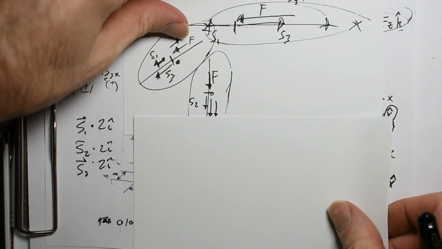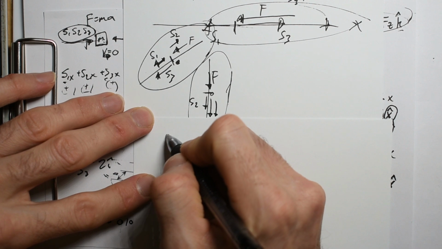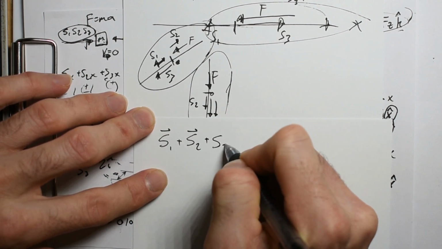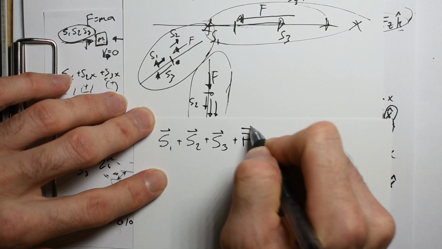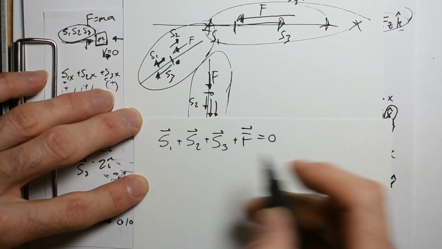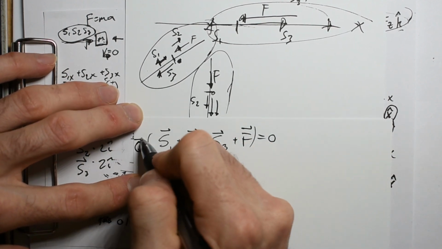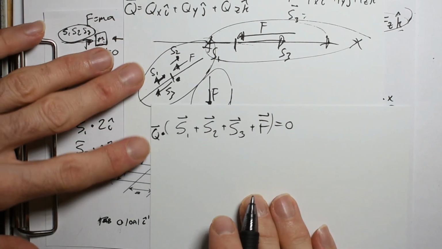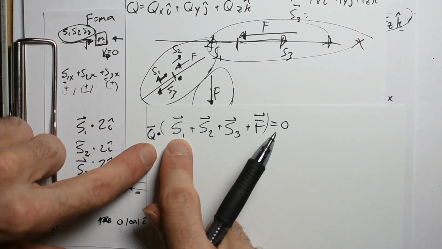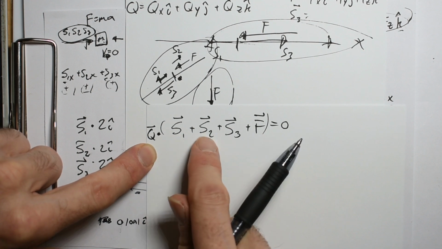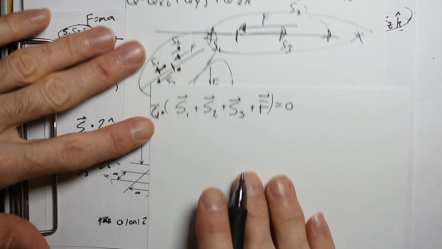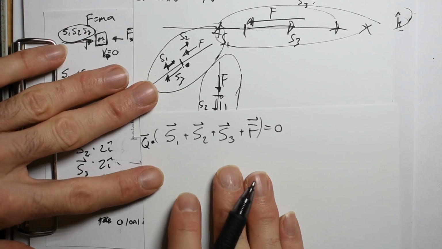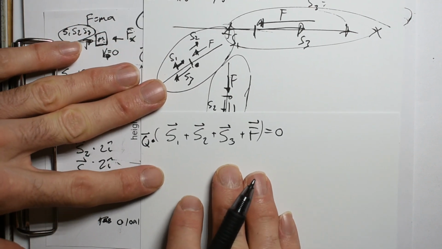Alright. So I'm going to slow down just a little bit because we have to get back to this original equation: S1 plus S2 plus S3 plus F is equal to 0. We dotted through this Q, but now I kind of see it. If I dot Q with S1 and S2 individually, this is cool because we don't do enough with vectors in American college at all.